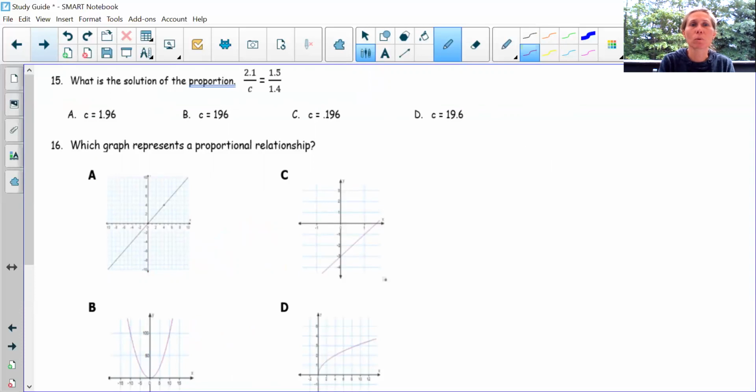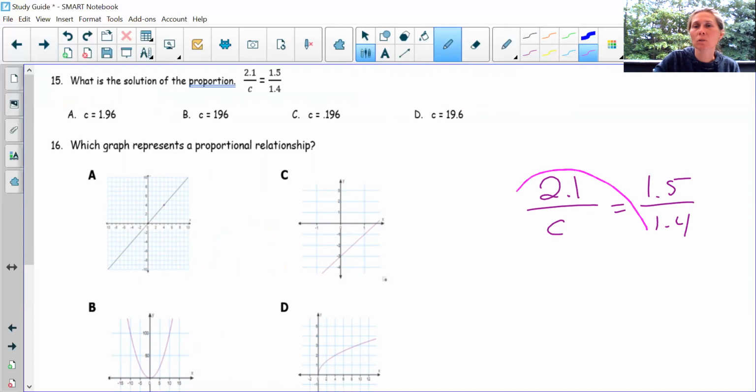Number 15. What is the solution of the proportion? All right, let's use that shortcut. Make your life a lot easier. So here we go. 1 4/10 times 2 1/10 gives me 2 9/400ths equals 1 1/2 C, because C times 1 1/2 is 1 1/2 C. Divide both sides by 1 1/2.